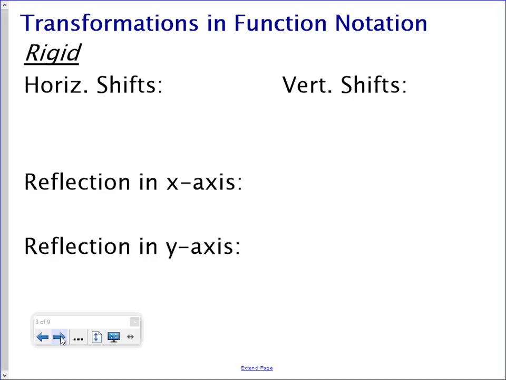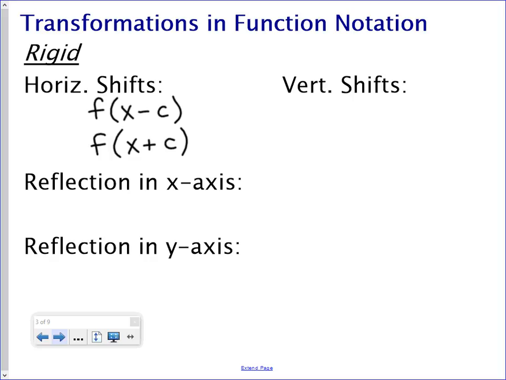Good. So horizontal shifts on your Desmos activities, you can use other letters. Like if you were going off of your Algebra 2 knowledge, you might have used H instead of C. If you looked in the textbook, you might have chosen C. Okay. But the two horizontal shifts are f of x minus c and f of x plus c.